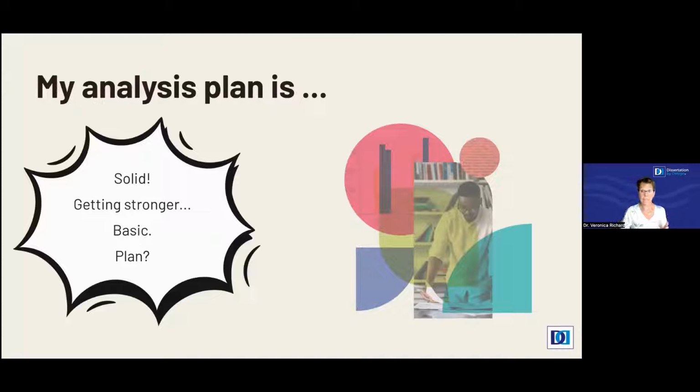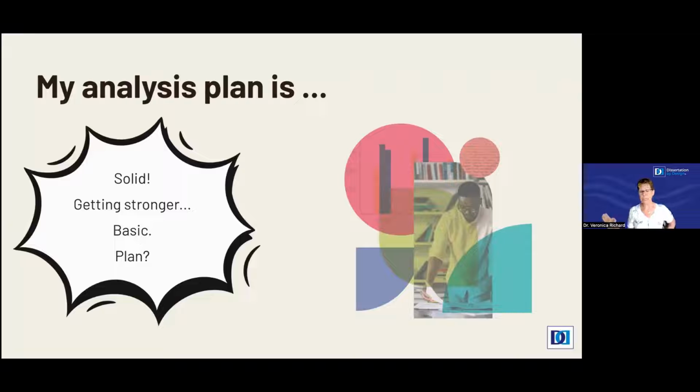So think about your analysis plan. Is it solid? Is it getting stronger? Is it kind of basic? Be thinking about that as you move forward, especially for those of you in the dissertating process. It can be a lonely process, because oftentimes once we pass that proposal stage, people think that we're good to go.